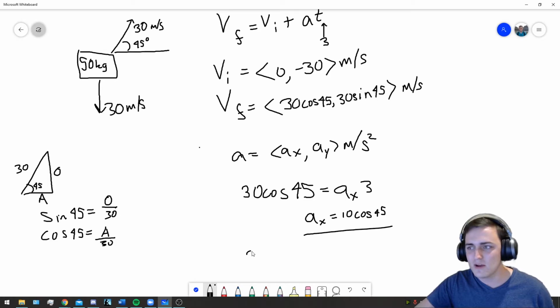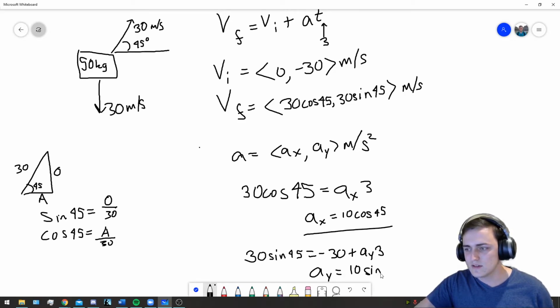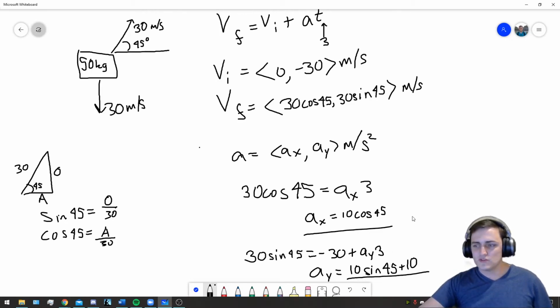We can do the same thing for ay: 30 sine 45, our final y, equals initial y, which is negative 30, plus ay times 3. And so we end up finding that ay equals 10 sine 45 plus 10. Both of these are just real numbers, and we can put them into a calculator.